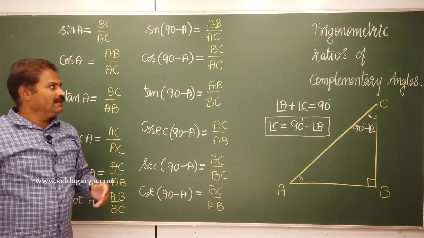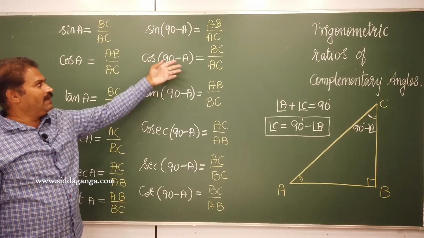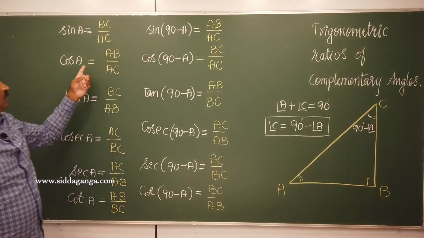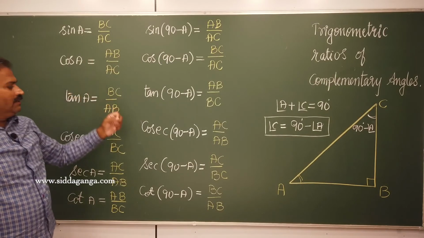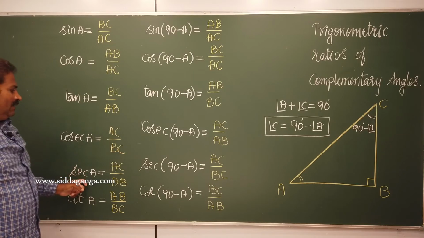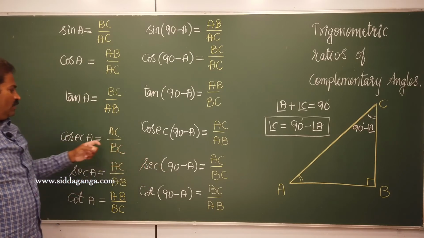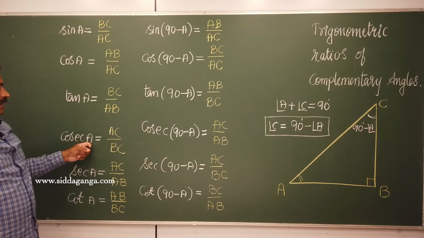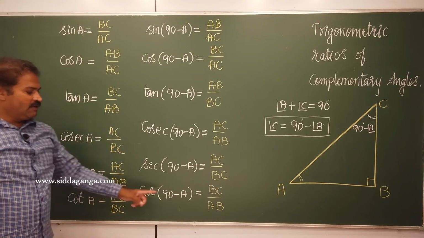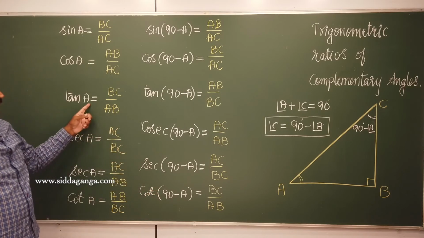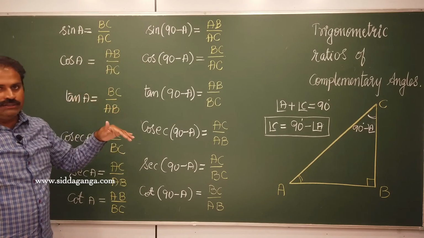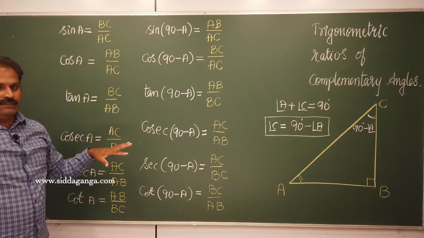So cos(90 minus A) is equal to sin A. Similarly, sin(90 minus A) is equal to cos A. For cosecant(90 minus A), you have secant A, and for secant(90 minus A), you have cosecant A. For tan(90 minus A), you have cot A, and for cot(90 minus A), you have tan A.